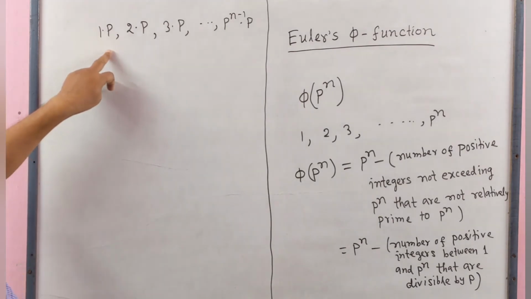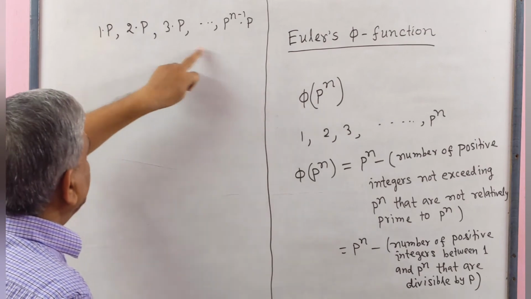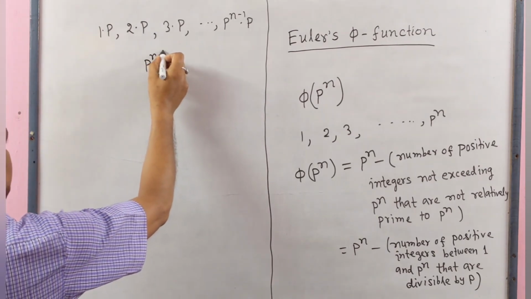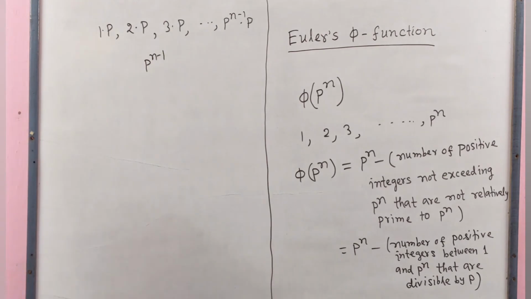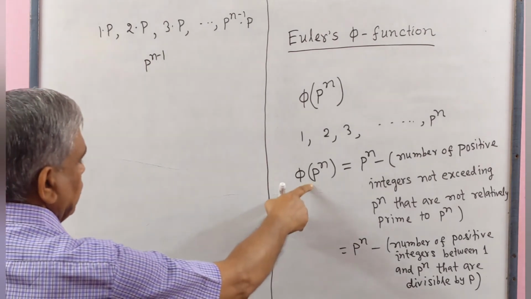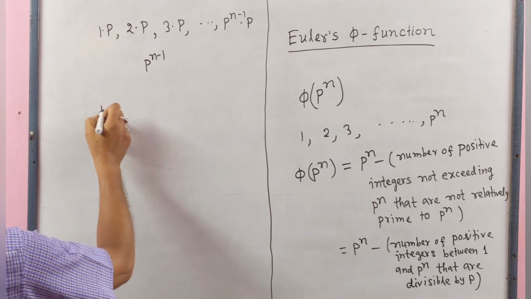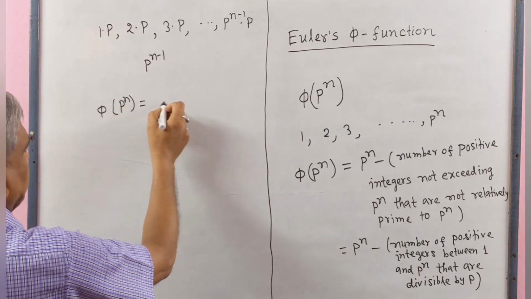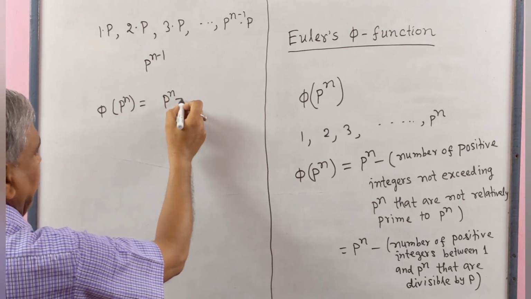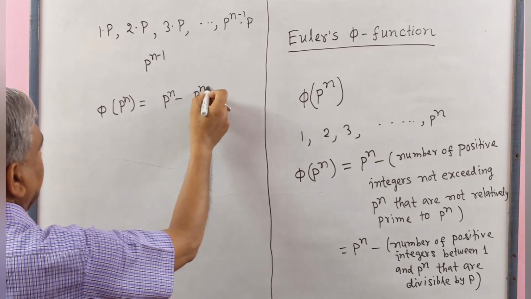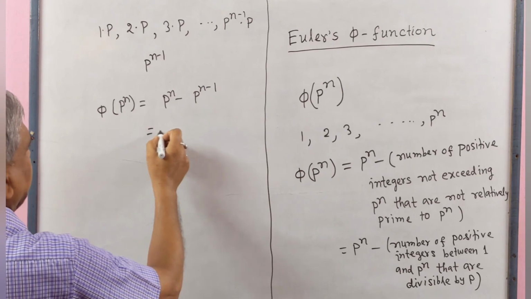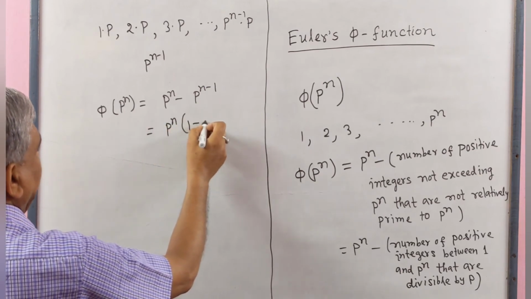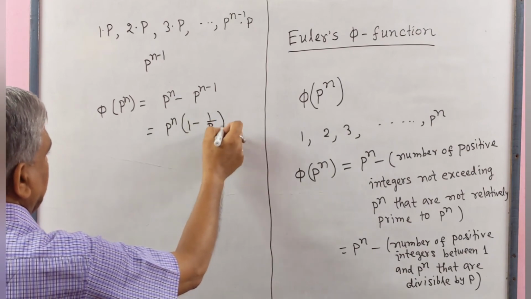Therefore, the number of these numbers be p to the power n minus 1. So, we may write phi p to the power n equal to p to the power n minus p to the power n minus 1. This equal to p to the power n times 1 minus 1 by p.